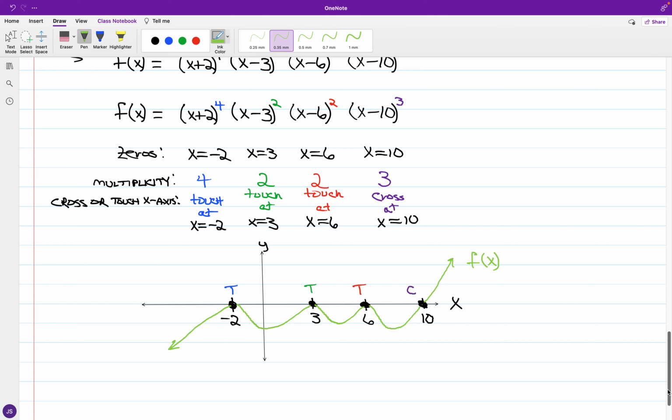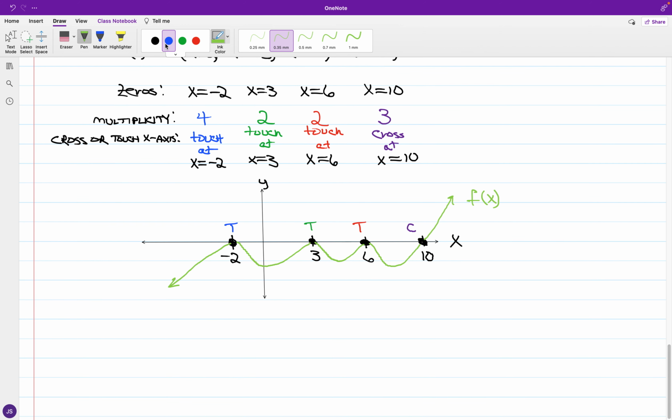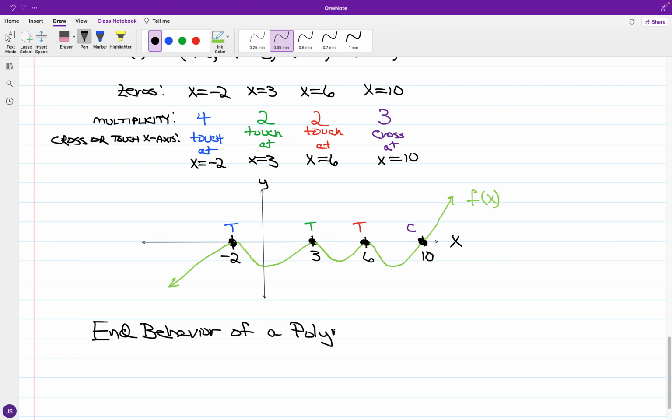This is going to lead into what is going to be the end behavior of the graph of a polynomial function.